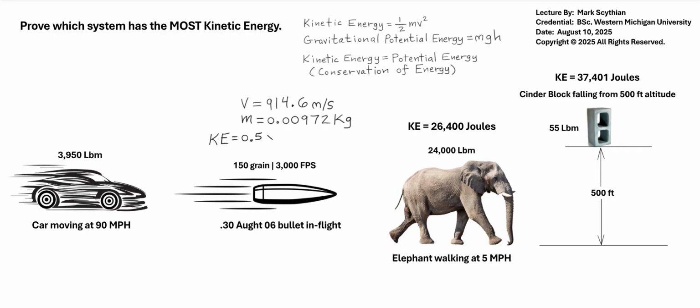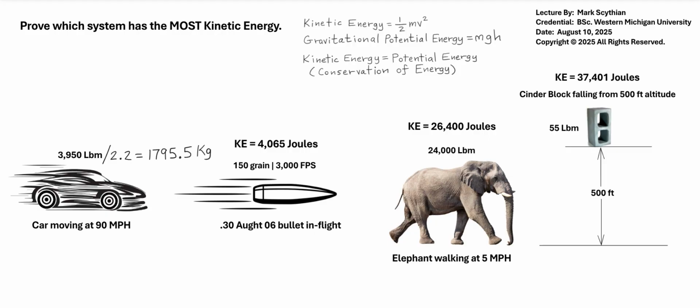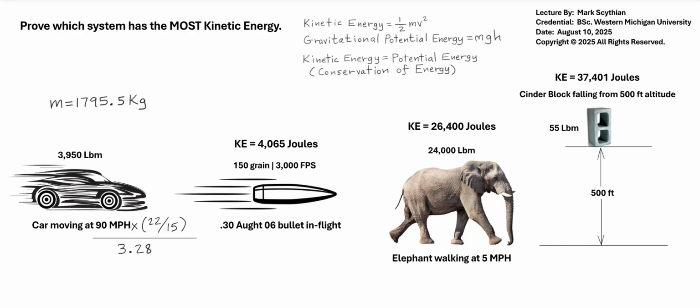So now we can calculate the kinetic energy of the bullet, and it is 4,065.4 joules. And again, we'll convert these into foot-pounds at the end of the lecture, so we carry out the same principle calculation for the car moving. We convert its miles per hour to meters per second, so 90 times 22/15 as a fraction.